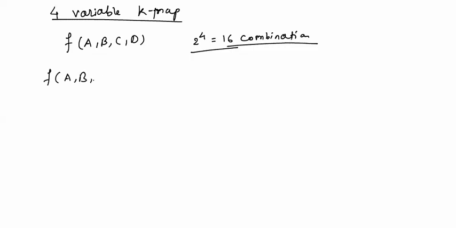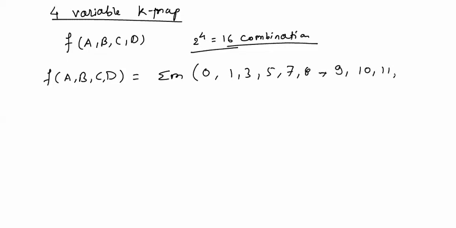F is a function of a, b, c, d equal to summation m 0 1 3 5 7 8 9 10 11 13 and 15.